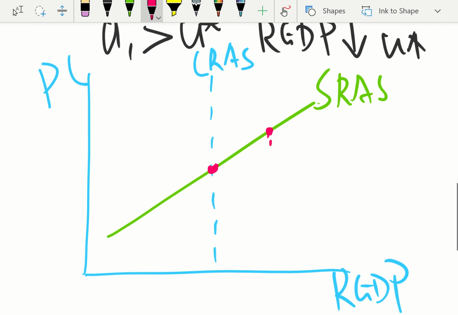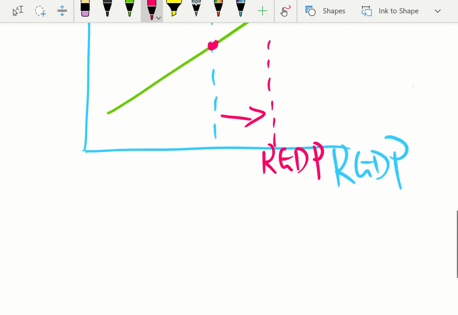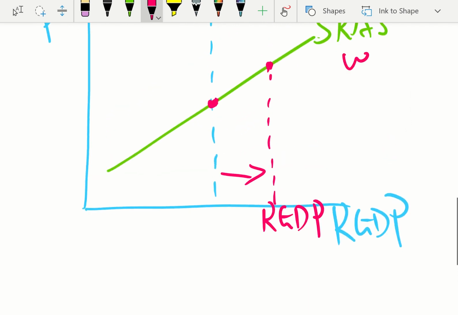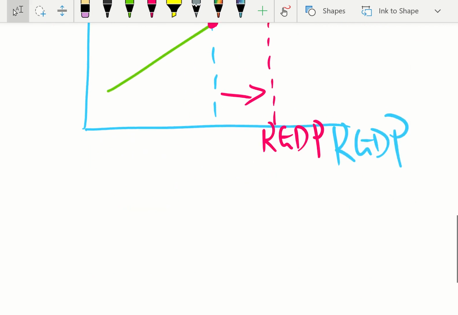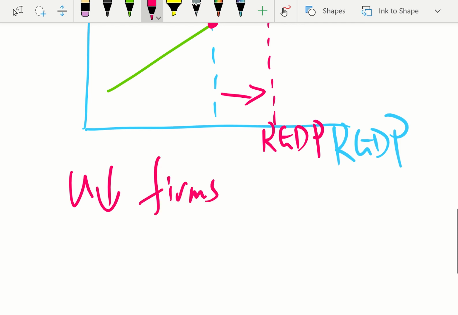Now for this point, the economy is doing very, very good. Therefore, when the economy is doing very, very good and wage is fixed in the short run, your unemployment rate goes down. Companies now compete for employees.